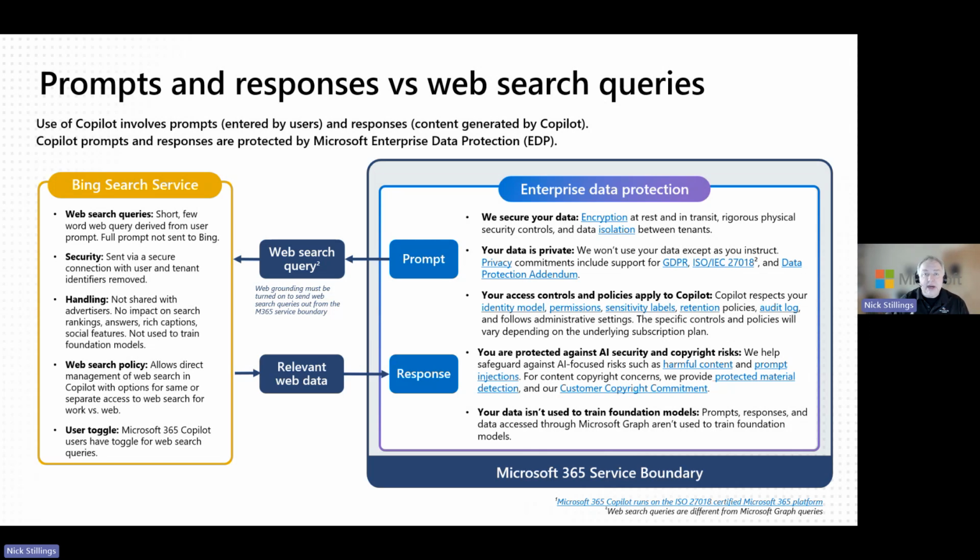So anyone that's running any type of search analytics on their website, they're not able to see any of that information coming back. There's also a toggle that allows the administrator, those of us that are in IT, to even turn that completely off and still provide Copilot Chat and the large language model as a sort of in-box AI tool, so I can at least use some of the AI capabilities, just hit it against the LLM, but I'm not going out and using another tool.